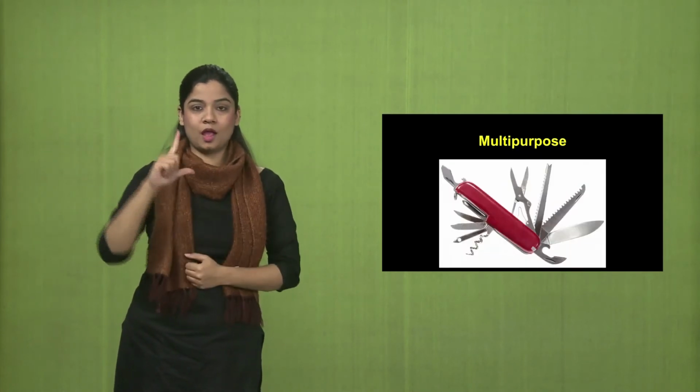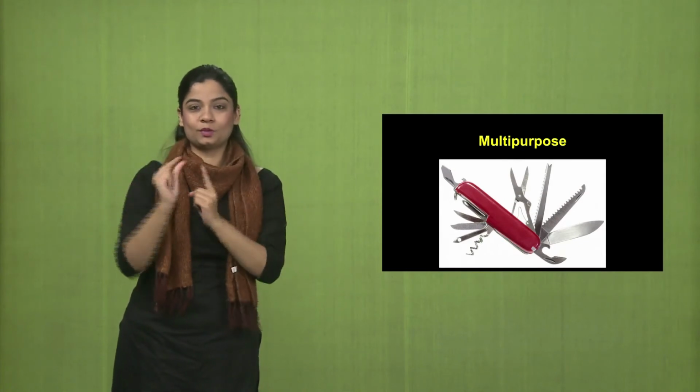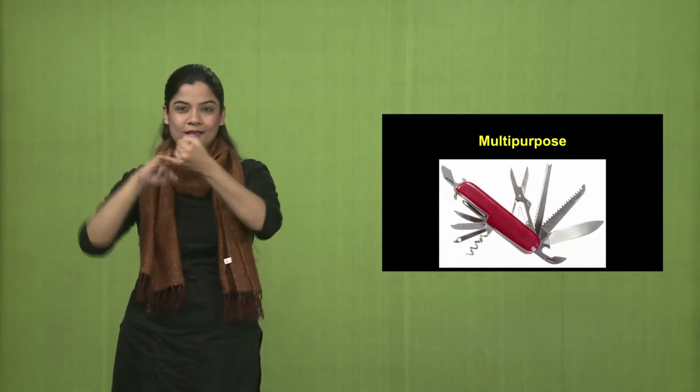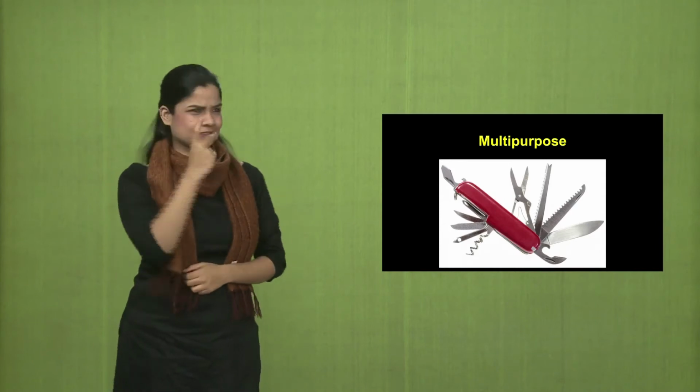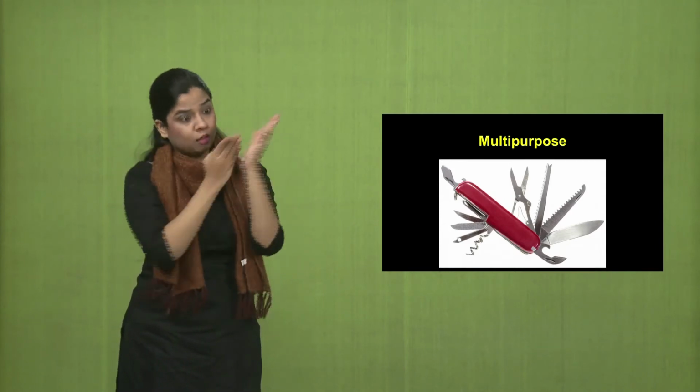Multi-purpose. As you can see in a picture, this knife can be used for various different purposes. So something that can be used for different purposes is called a multi-purpose object.